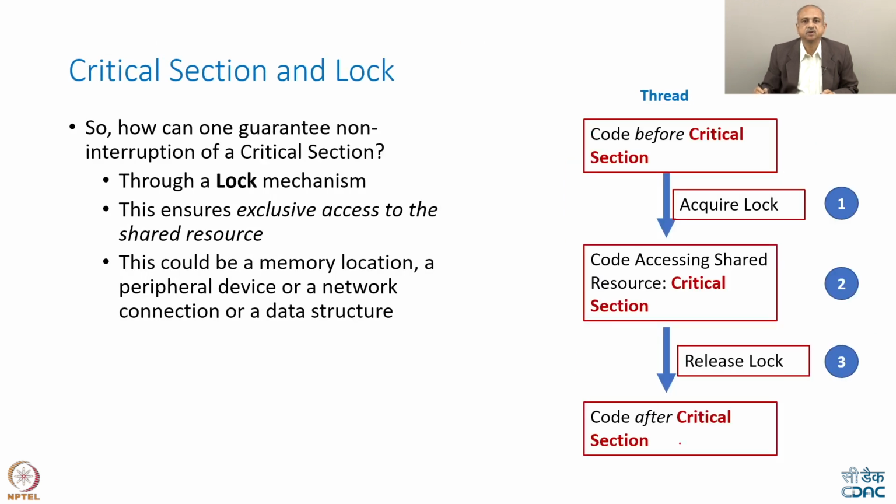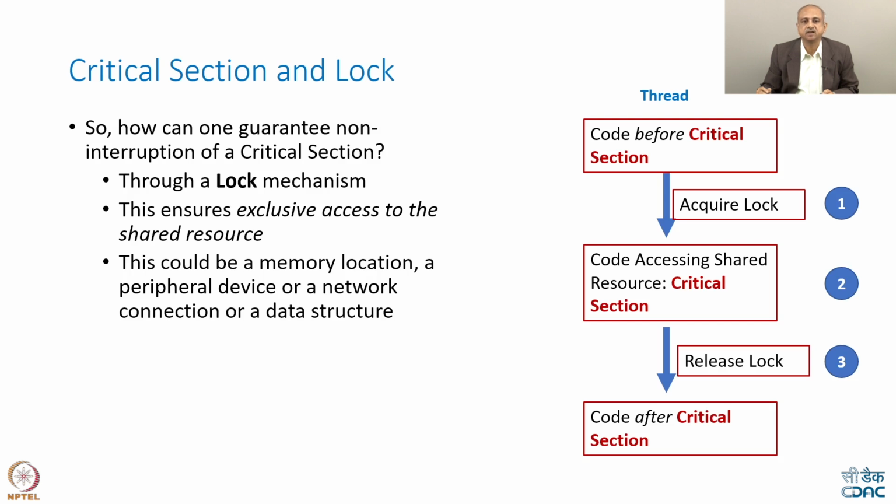Now, the mechanism to ensure the methodology that I described can be implemented using a lock. Essentially, we are trying to give a guarantee that no other thread can interrupt the thread which is running, by implementing this lock mechanism. What is the result? The thread which is accessing the variable gets exclusive access, and mind you, the access is to a shared resource which another thread may be wanting to access.